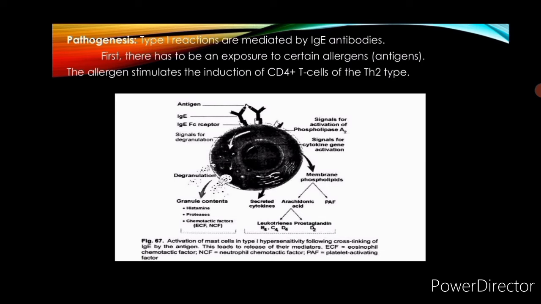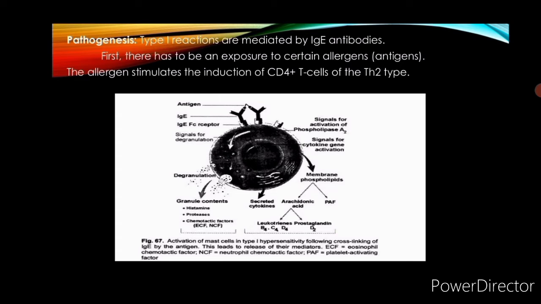Pathogenesis of type 1 hypersensitivity reaction. Type 1 reactions are mediated by IgE antibodies. First, there has to be an exposure to certain allergens. The allergens stimulate induction of CD4 plus T cells of the Th2 type.